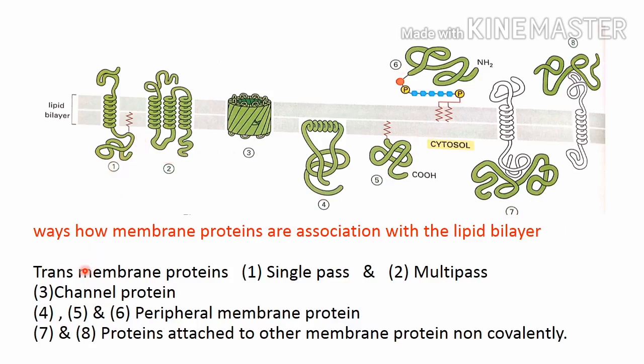Here we can see that proteins 1 and 2 start from one end, pass through the mid portion of the plasma membrane and then project towards the other side. What is the difference?